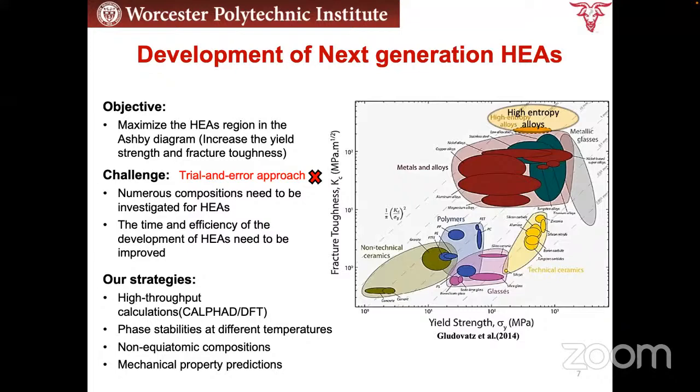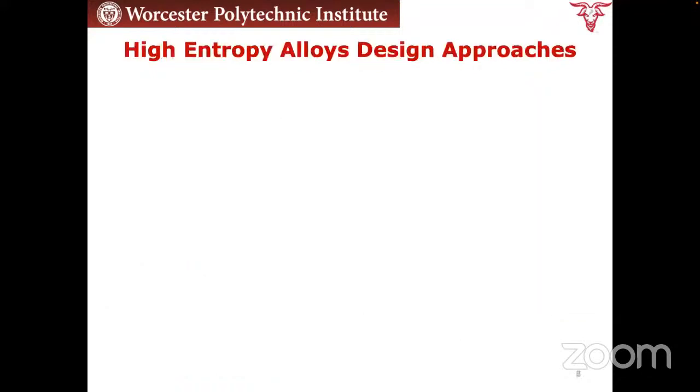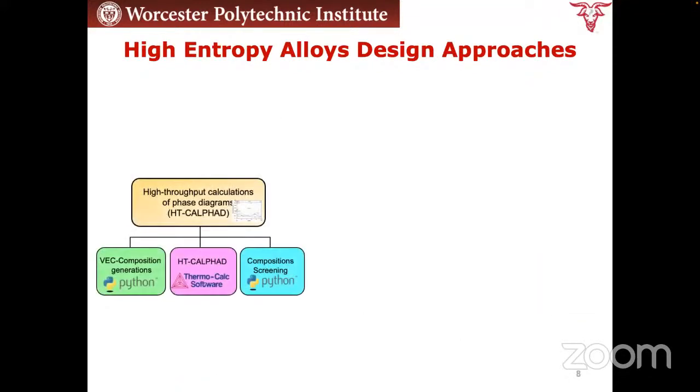For us, we want to build a database that will have an interface for you, so that no matter which composition you type in, you can get the information. Especially, for example, right here we will demonstrate on this mechanical property prediction. So we will do 3 parts.